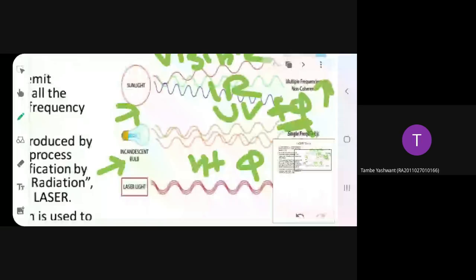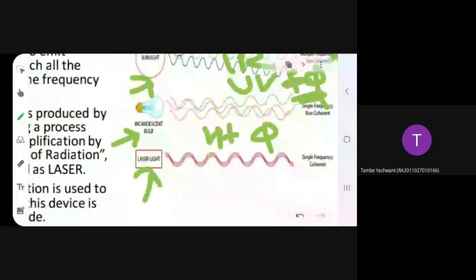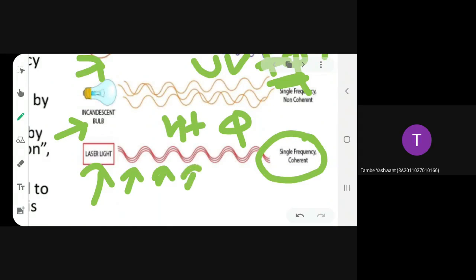But if you look at the special category of light called laser light, what feature has been given for laser light? Single frequency, coherent. So all the waves coming out from the laser belong to the same frequency, and all will be in phase.